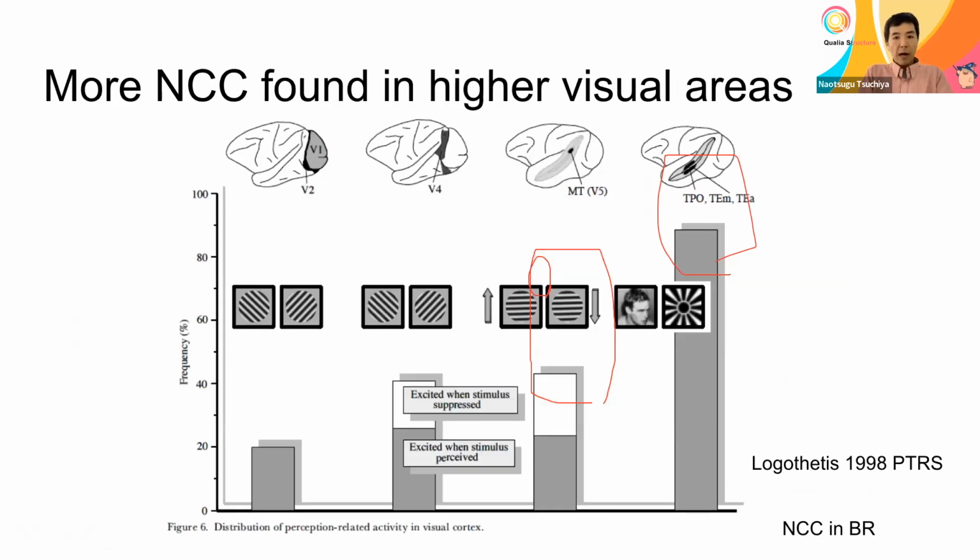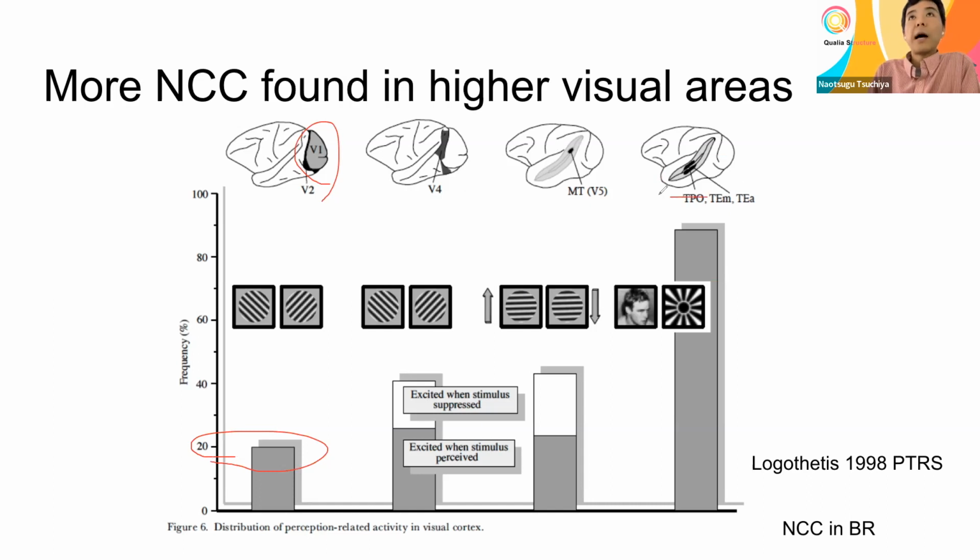So the overall pattern of the results over many years of binocular rivalry experiments in monkeys suggests that the lower visual areas tend to have a smaller percentage of the neural correlates of consciousness, and the higher areas like IT have almost 100% neural correlates.